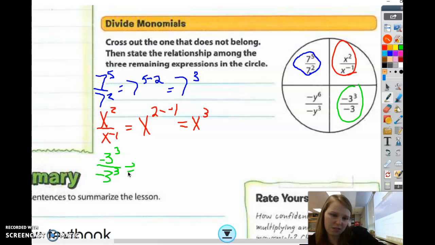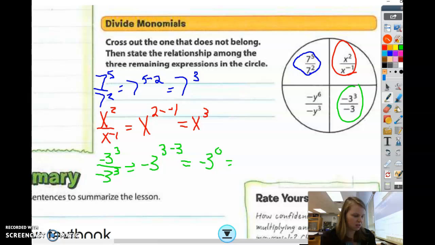So we're going to write our negative 3, and we subtract those exponents. So 3 minus 3 is 0. Anything to the 0 power, we did this the other day, I think, in class. So we said anything to the 0 power is 1. So that one ends up being 1.